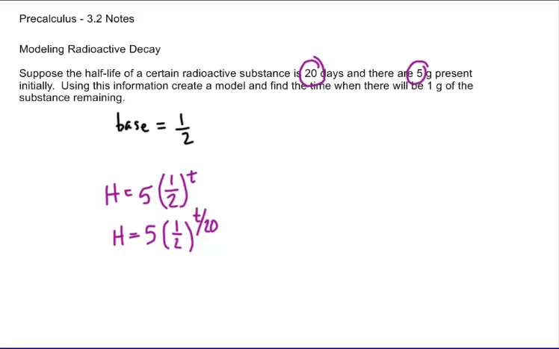Well, using what we did on the previous problem, we can set our half-life function equal to 1 gram. We started with 5. We would graph this equation on the calculator, and we would look for a point of intersection between 1 and our function.